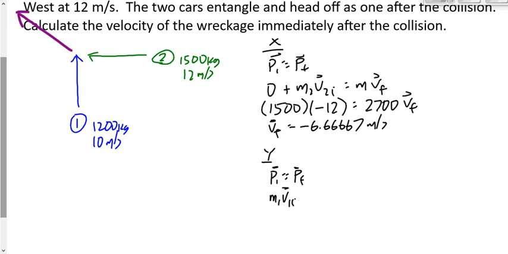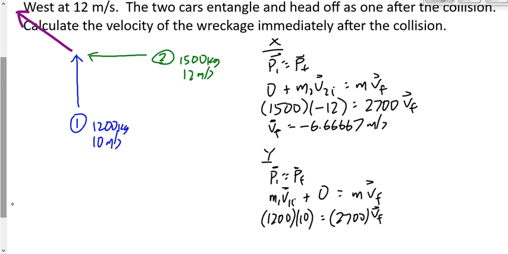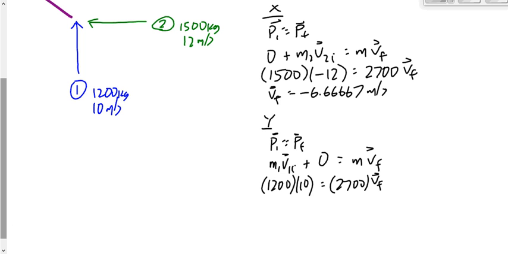We want y-axis. Object number 2 isn't moving on the y-axis, so we're going to just assume that it's not even moving at all as far as we're concerned right now. MVF, we're going to say 1,200 times 10 equals 2,700 times VF. And we're going to solve for VF here. 0.81481.